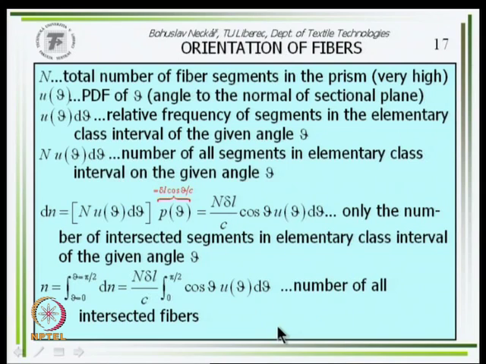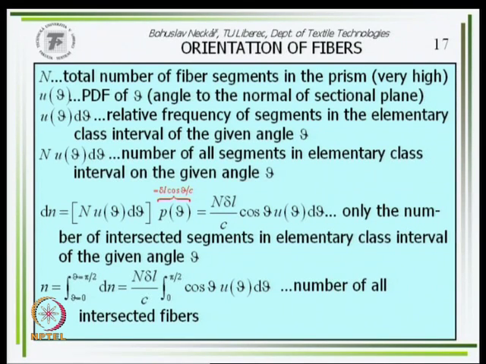Well, now let's think about fibers having angle theta. All fibers with all angles theta together, all fibers in our box, are capital N, and this number is very high. Let's imagine U theta is the probability density function of angle theta, so that U theta d theta has some logical sense.